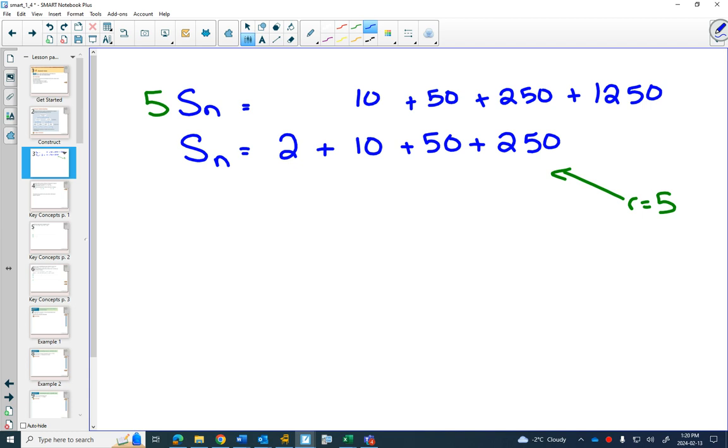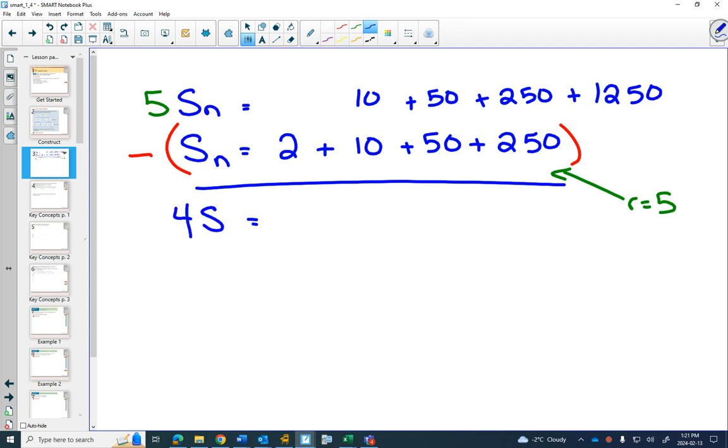What that does is allows me to subtract this whole thing. And if I subtract this whole thing, 5 sums minus 1 sum would leave me with 4 sums.